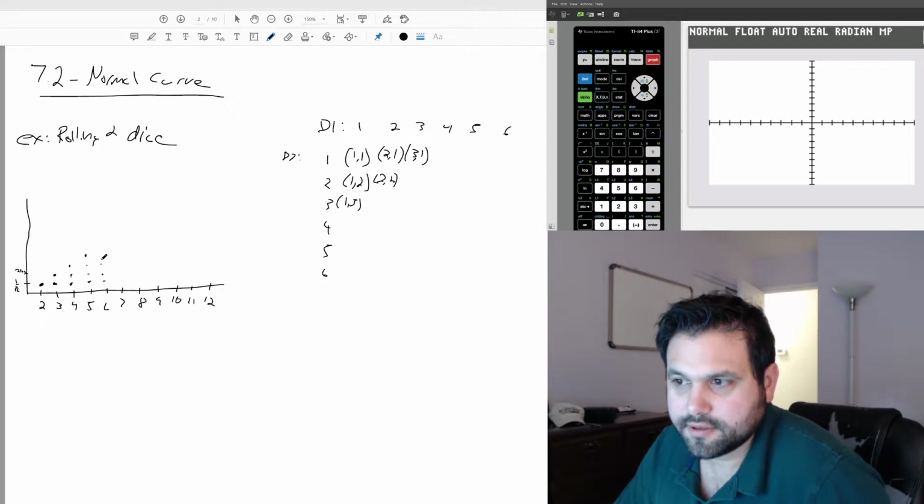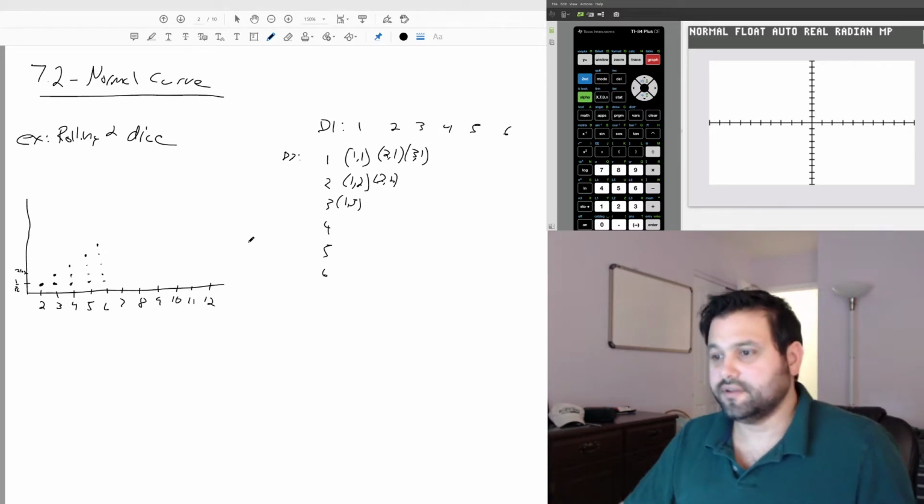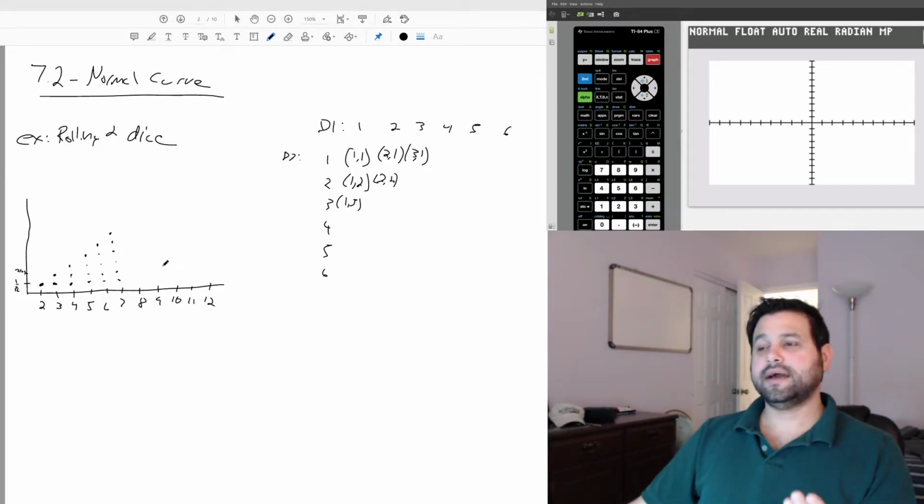Until I say, how many different ways can we make a 7? Well, that's technically still 1 more. But that's the max. Okay? 7 is the most likely outcome.